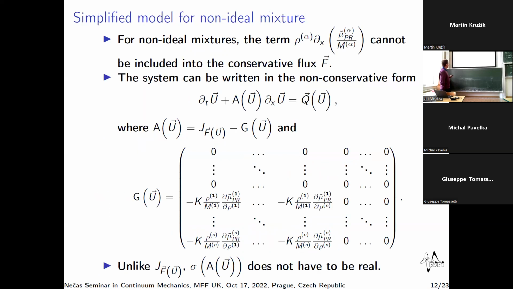When we have a non-ideal mixture, then this term on the right-hand side cannot be included into the conservative flux function. So this is more complicated, but still the system can be written in the non-conservative form of this form, and we can compute this A as the Jacobian minus some matrix which is specified here.